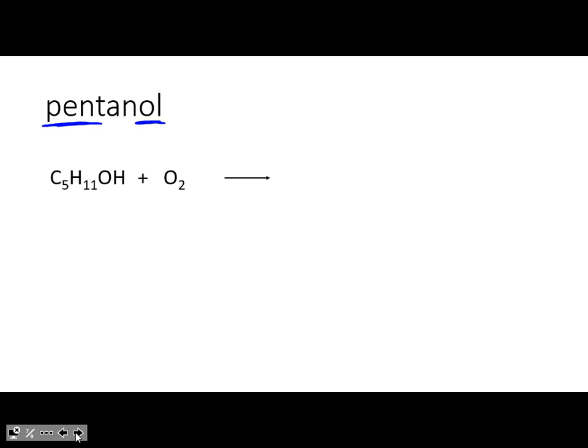And all an alcohol means is there is a hydroxide group bonded in with the pentane. Okay, that OL tells us that there's an alcohol. So, as you can see, we've got a little added O in there that sometimes presents a little bit of a challenge. So we're going to go with our carbon dioxide and our water.